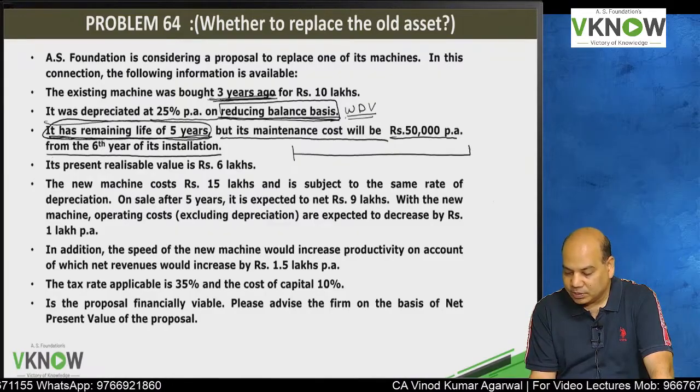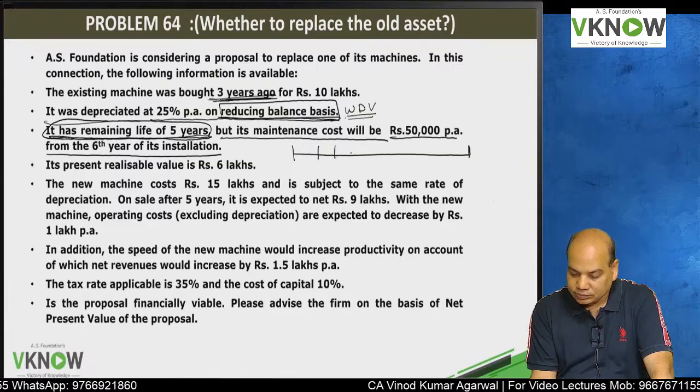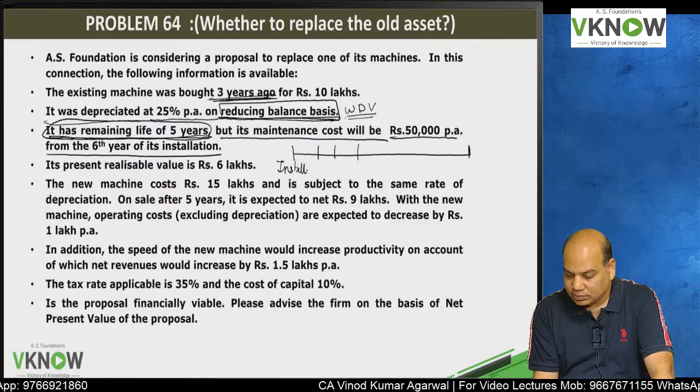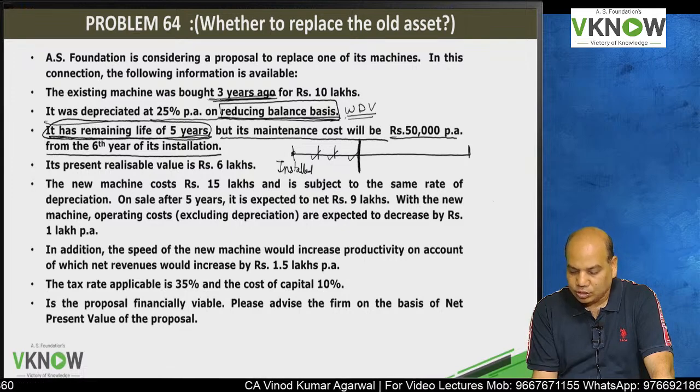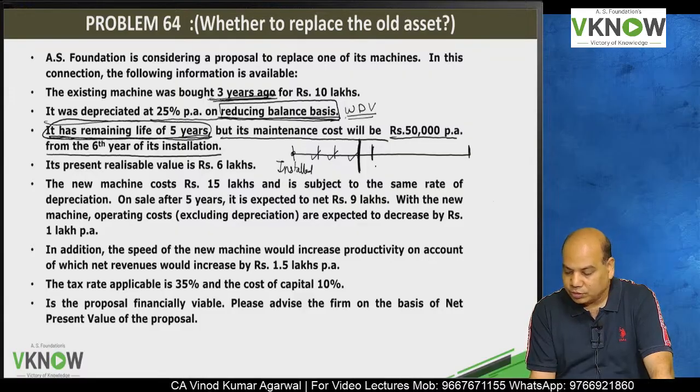Now, what is the interpretation of this line? It was installed here. 3 years are already over. Maintenance cost will be 50,000 from the 6th year of installation. This is the 4th year, this is the 5th year.